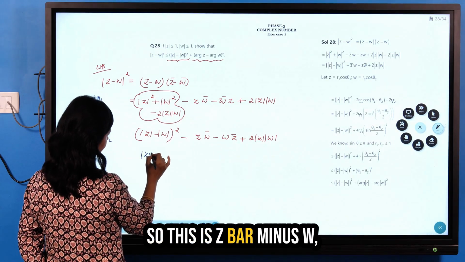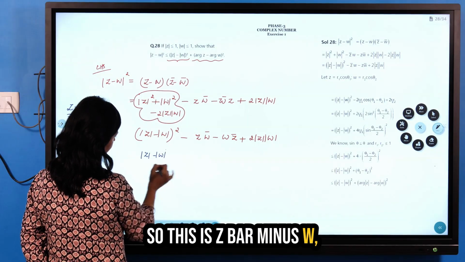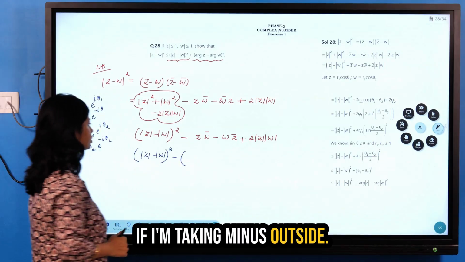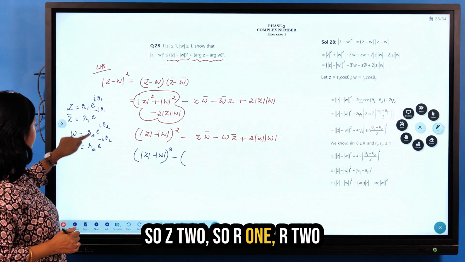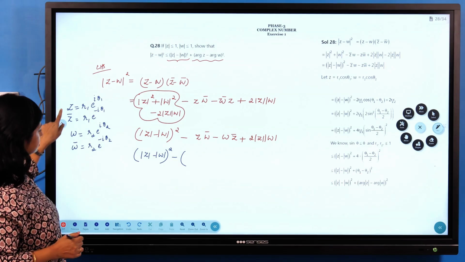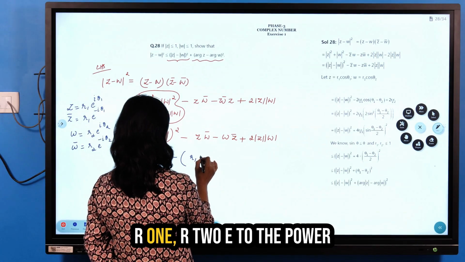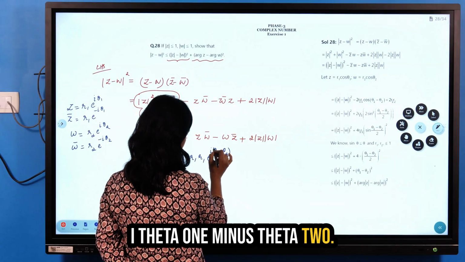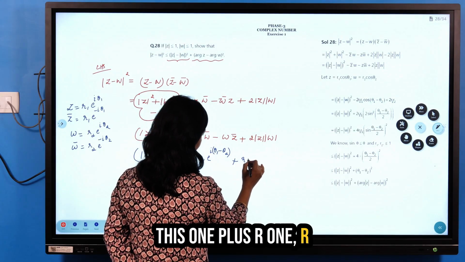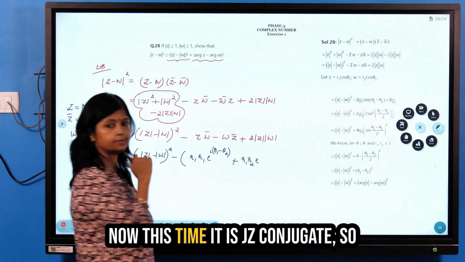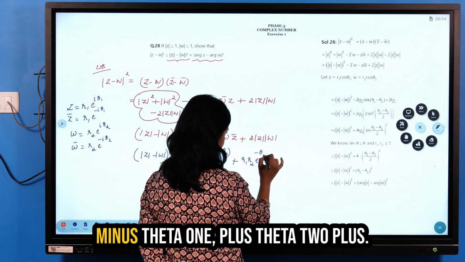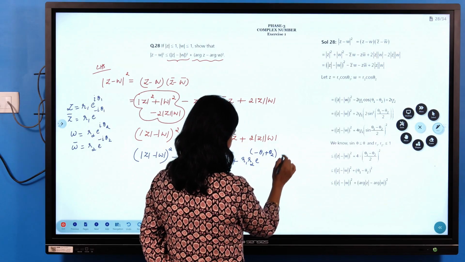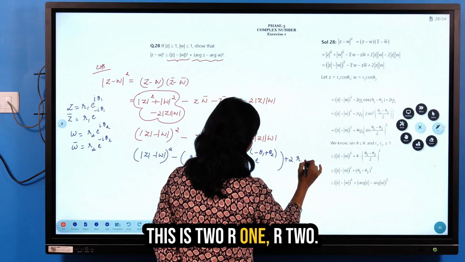So this is mod z minus w whole square minus, if I'm taking minus outside, z into w bar plus w into z bar, so r1 r2 e to the power i theta 1 minus theta 2, plus r1 r2 e to the power, now this time it is z conjugate, so minus theta 1 plus theta 2, and this is plus 2 r1 r2.